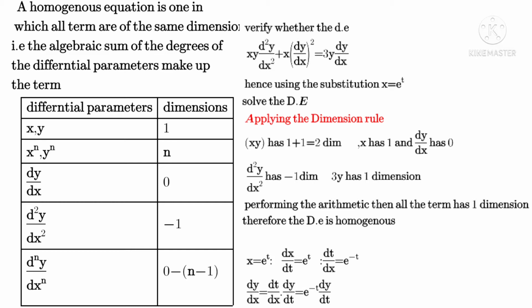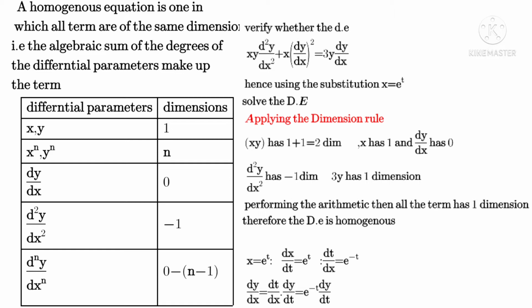Also the dimension for x is 1. The dimension of y dy/dx is 0. 1 plus 0, that's 1. Also the last part, the dimension of 3y is 1. So you see clearly that the three terms in the differential equation have the same dimension. So we can go ahead and solve, since it is a homogeneous equation.